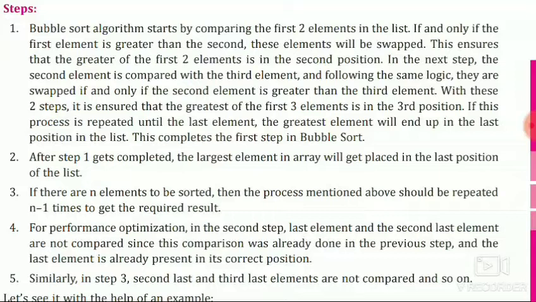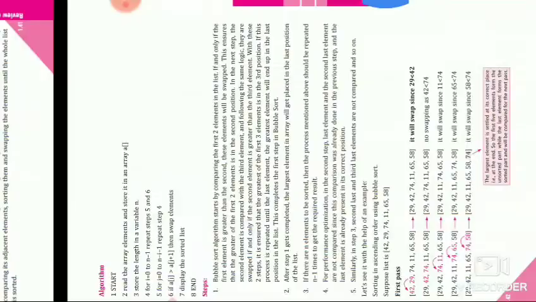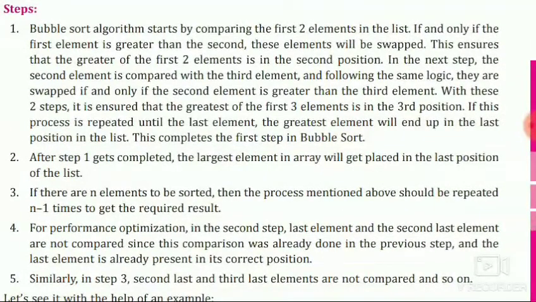This completes the first step in bubble sort. After the first step is completed, the largest element in the array is placed in the last position of the list. If there are n elements to be sorted, then the process should be repeated n-1 times to get the required result.